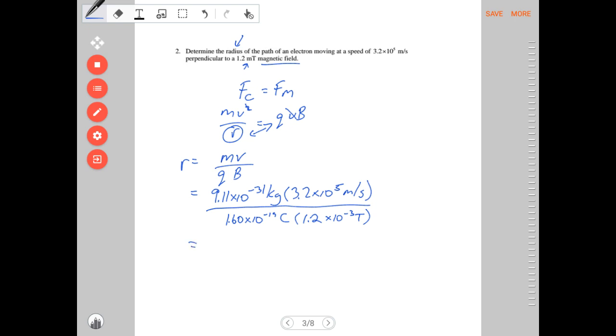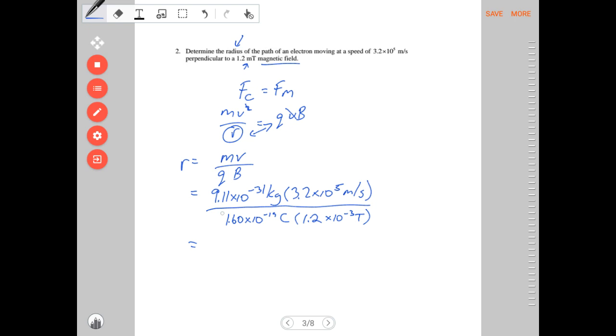So when we type all of this in, calculator out: 9.11 times 10 to the negative 31 times 3.2 times 10 to the 5th, divided by 1.60 times 10 to the negative 19 times 1.2 times 10 to the negative 3.